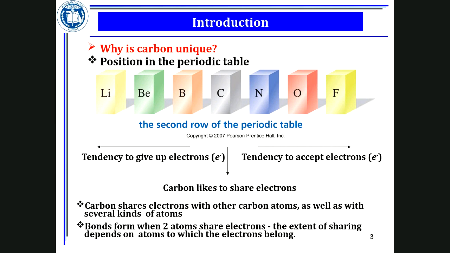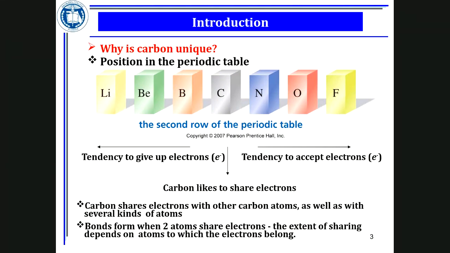What level of the periodic table is carbon? Can anyone tell me? You could use the chat to answer the question. Second, very good. The position of carbon in the periodic table is in the second level and group 4. Any elements in group 1, 2, and 3 lose electrons. Any elements in group 5, 6, and 7 gain electrons.